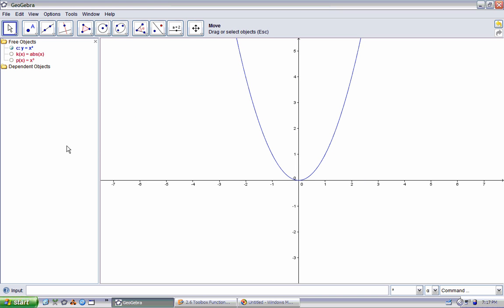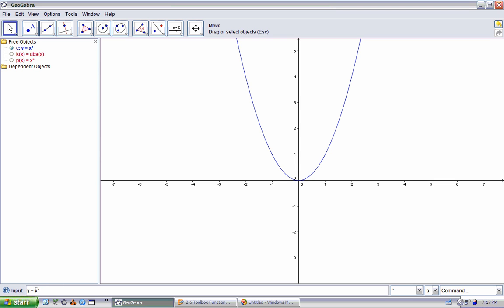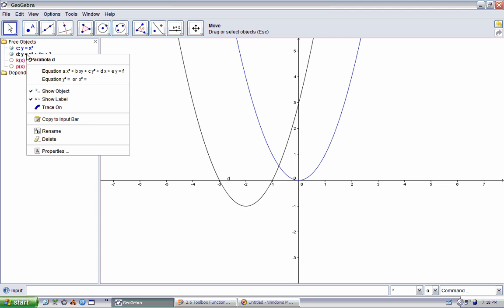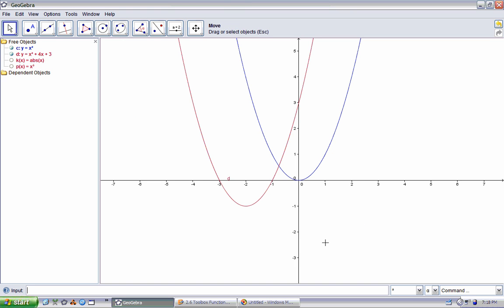Okay, so there's our graph in blue, and now what I'm going to do is copy that into our input bar here, and if you watch what I type in, I'm going to put plus 2 minus 1. Okay, so there's the graph that we plotted, and we'll take a look at that quickly here. And if I change it to red, okay, it should look a lot like the one that we have on our notes. You'll notice we were shifted to the left 2 and down 1.